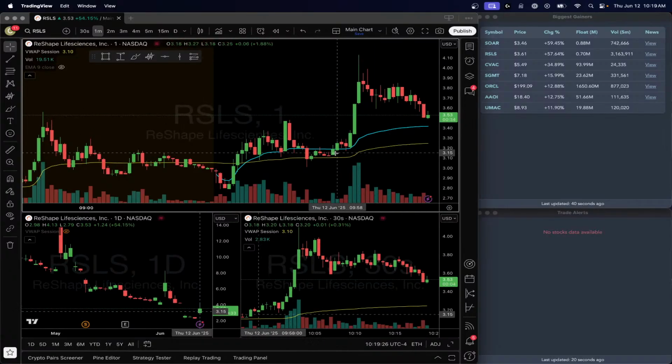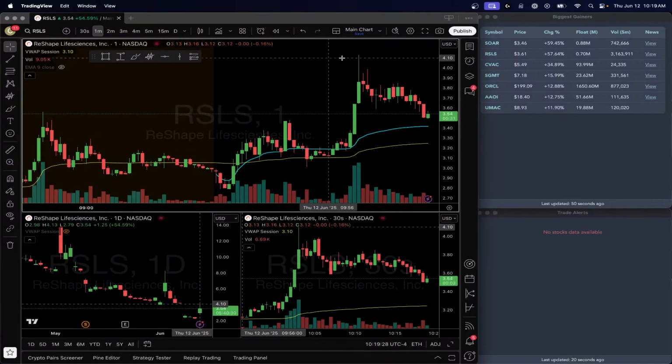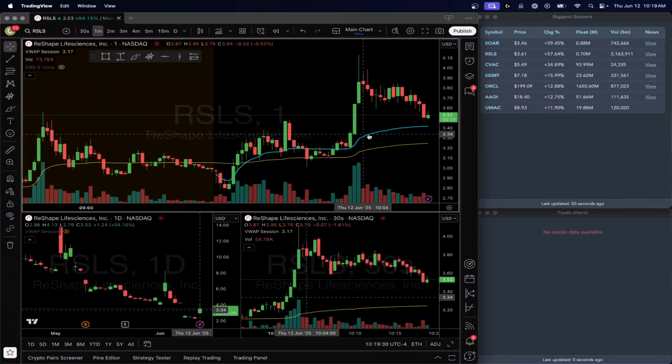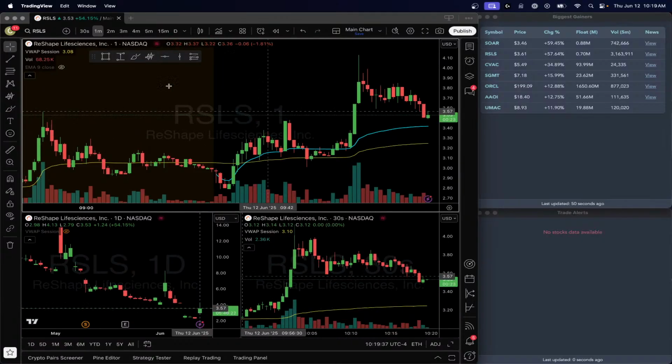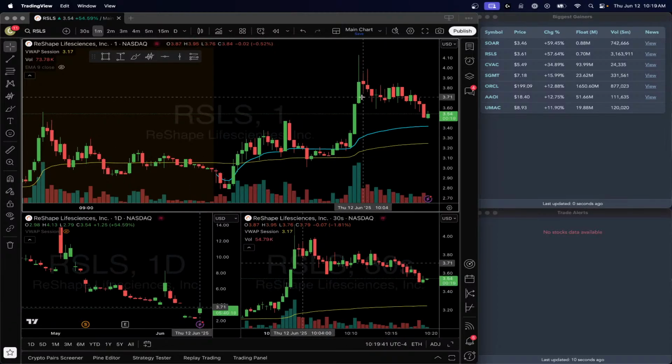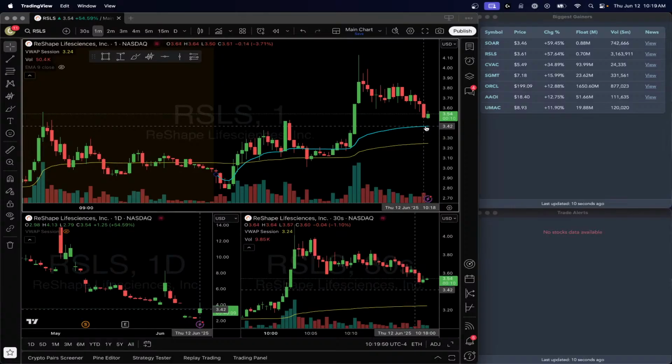The reason I did that is because we had a run up, a major extension from the New York VWAP. Overnight session VWAP is down here. I just put an anchored VWAP at 9:30. Normally when it runs up like this, it could be a 2 standard deviation move, and they normally come back down to the VWAP.